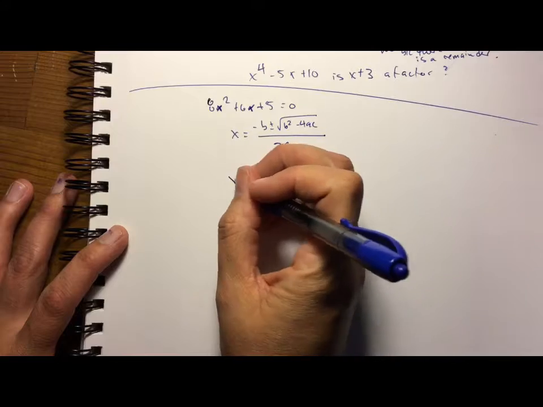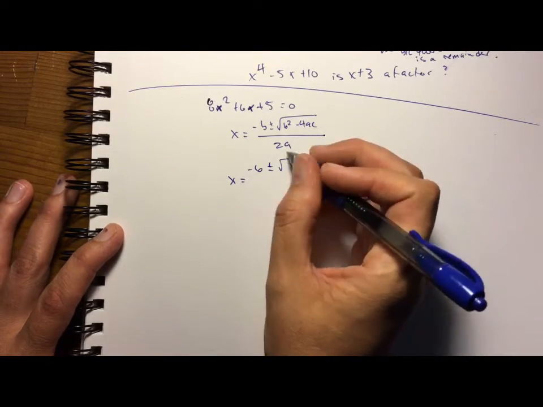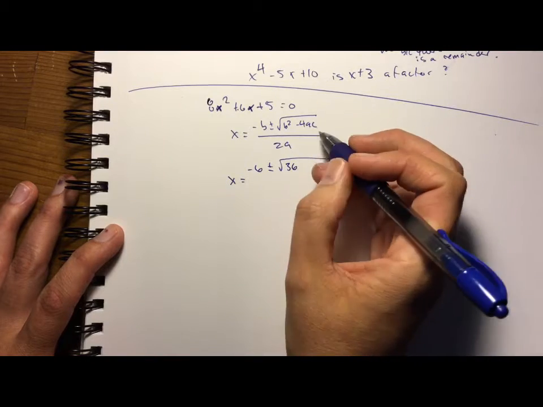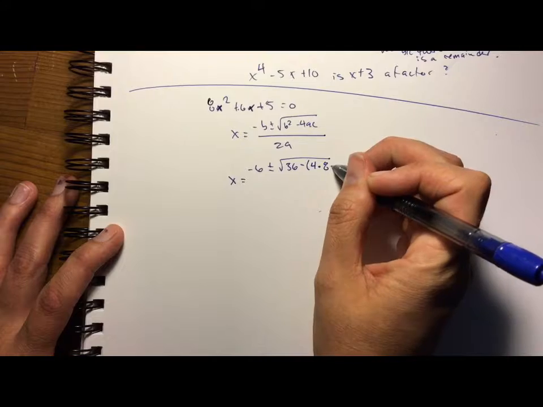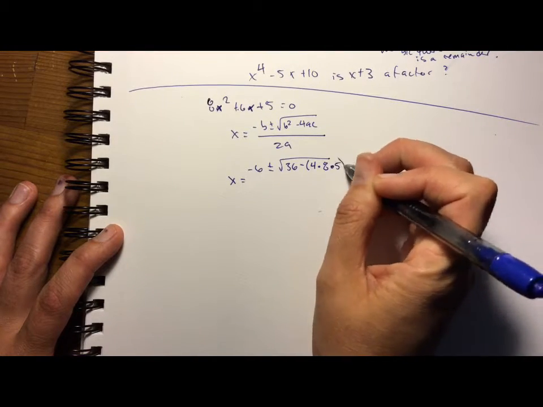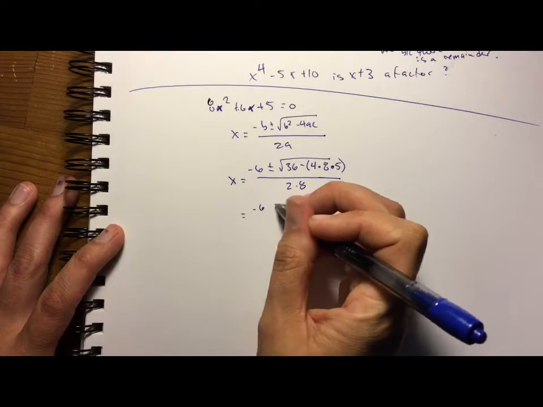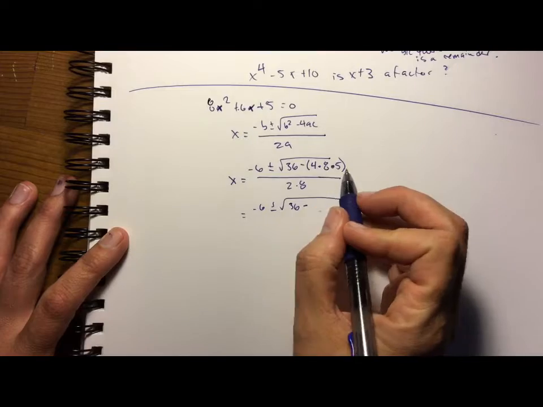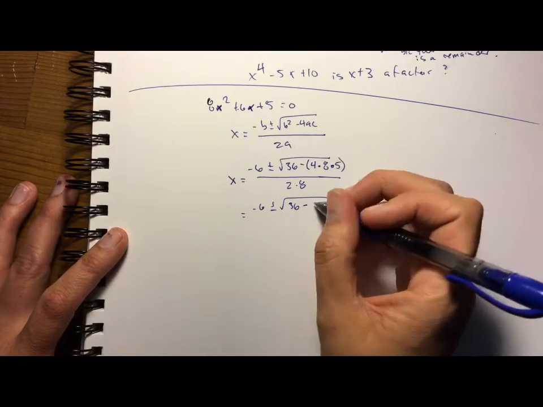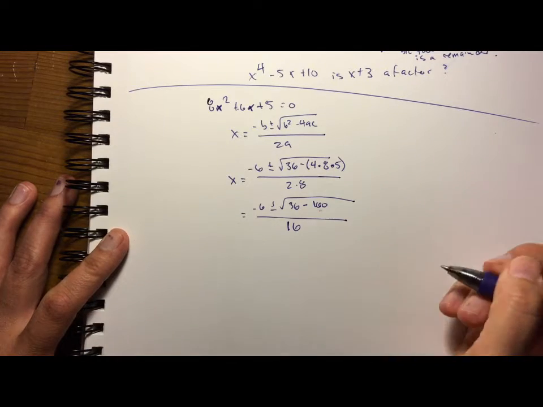And so if I rewrite this, I get x equals -6 plus or minus the square root of b squared, so 36, minus 4 times a, which is 8, times 5, all over 2 times 8. So let's simplify this: -6 plus or minus the square root of 36 minus 40 times 4, 160, over 16.